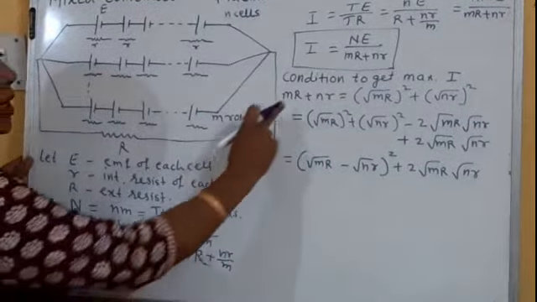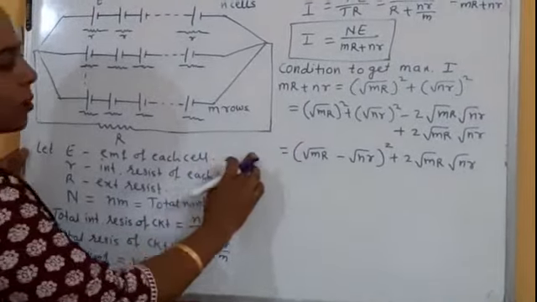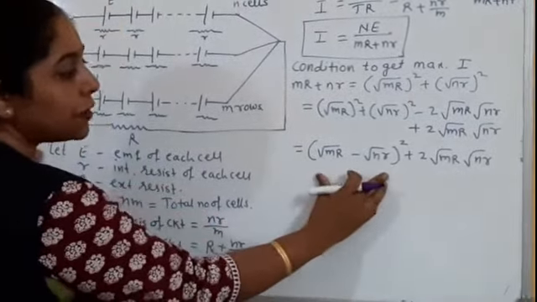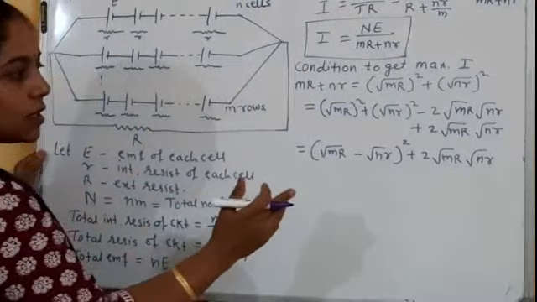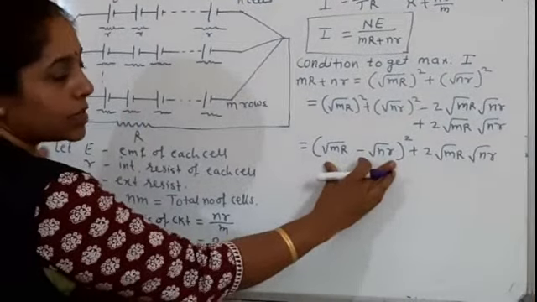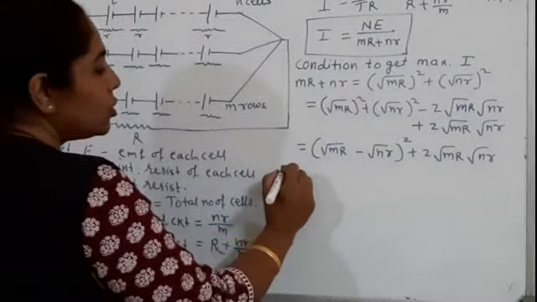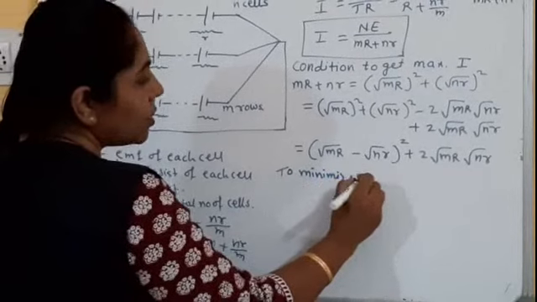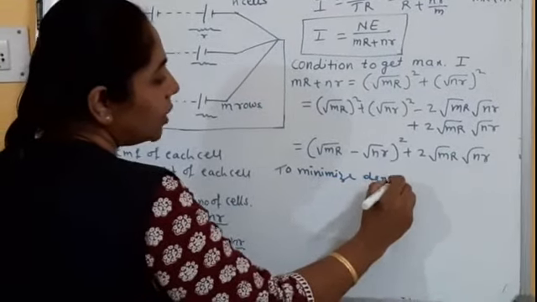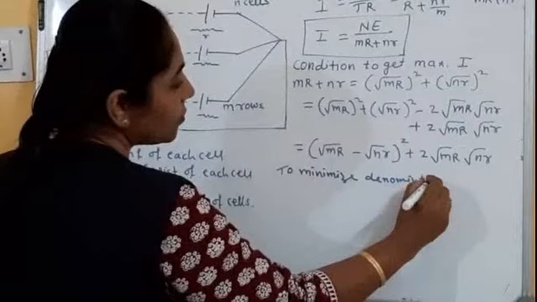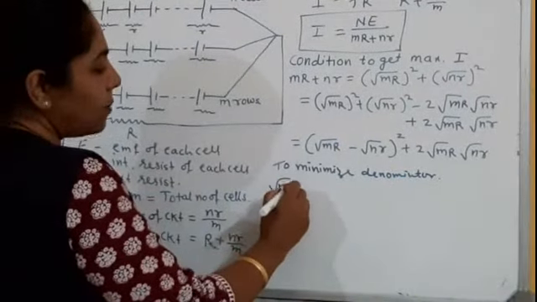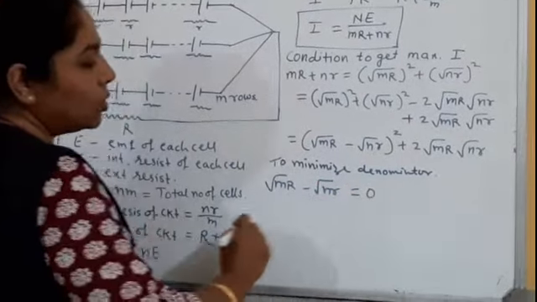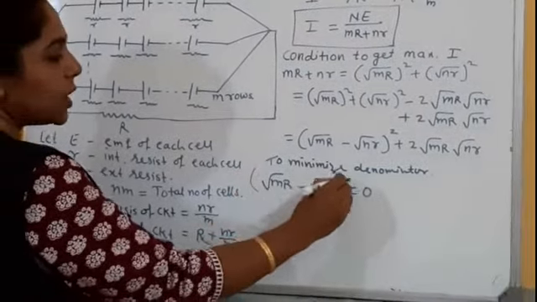Now you see we need a denominator less. Now the denominator is split into two parts. This can never be 0, but this first term can be 0. When is it 0? When the bracket value is 0. So to minimize denominator, we can say root mR minus root nr must be equal to 0.